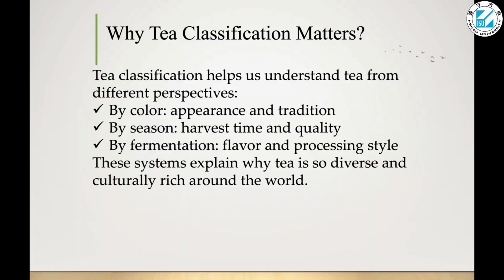But the most important methods to classify tea are number 1, by color, number 2, by season, and number 3, which is the most important method, by fermentation. Why is tea classification so important? If you classify tea by color, that will offer you the knowledge about tradition and appearance.